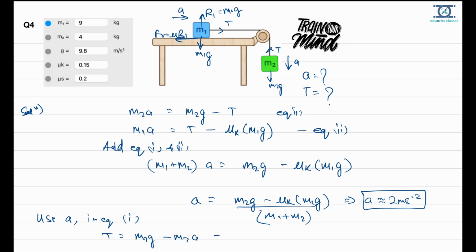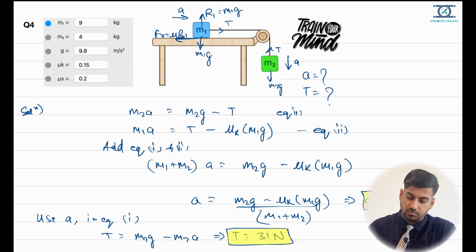If you work this out, you will get a tension of around 31.21, or 31 Newton. So this will be your answer for question number 4. I hope it is quite clear. Just do the calculation in your calculator, you will get the same answer. If you have any doubt, just comment below.